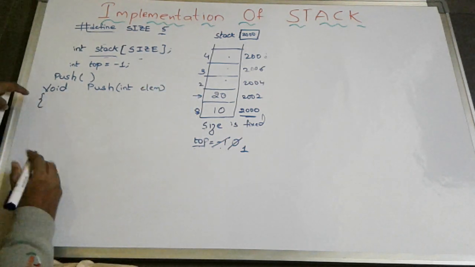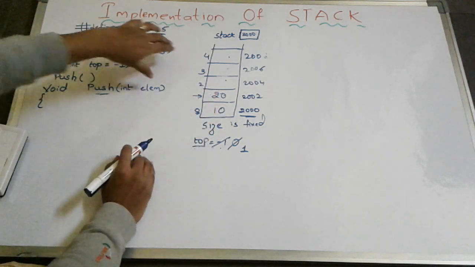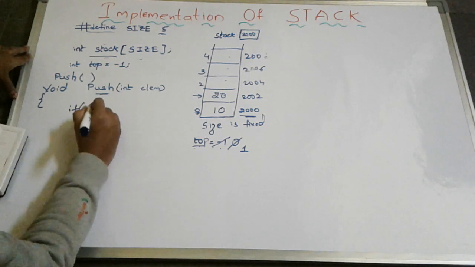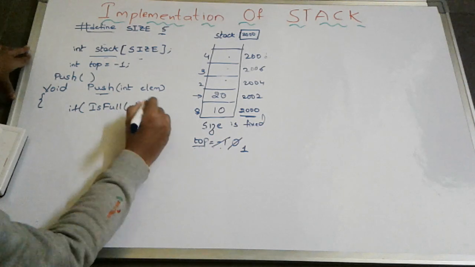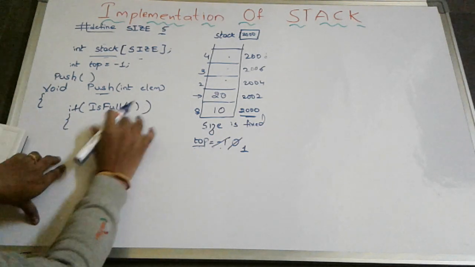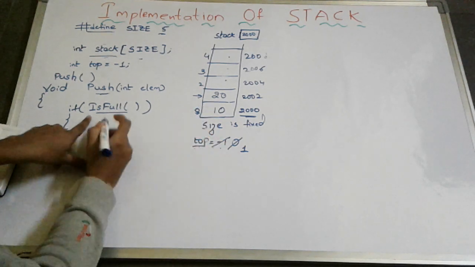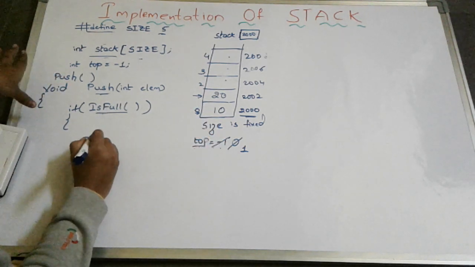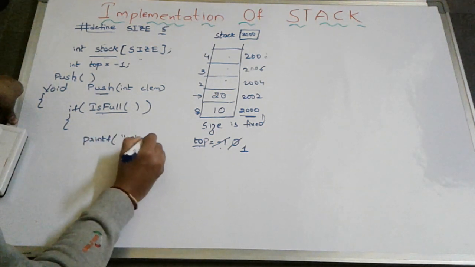In push, first of all we should check whether the stack is full or not. isFull is a method; I will explain it later. If the stack is full, then print stack overflow.